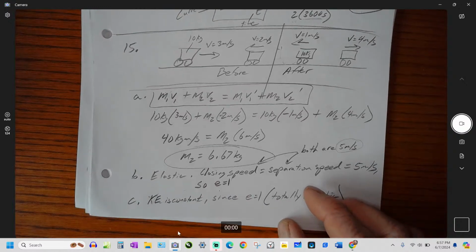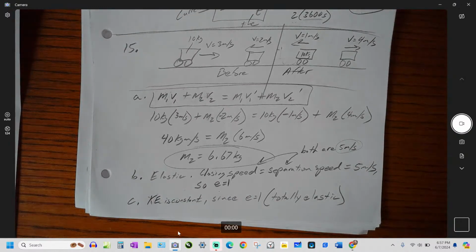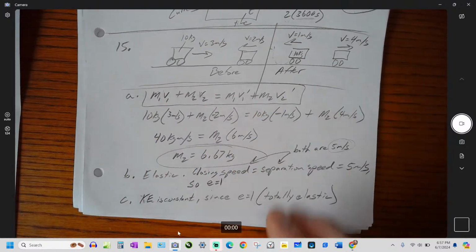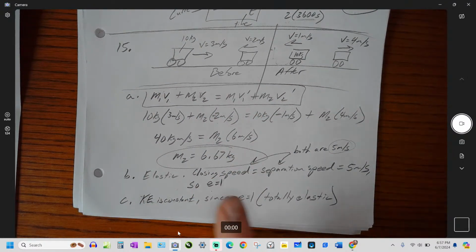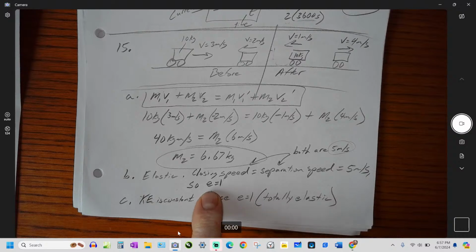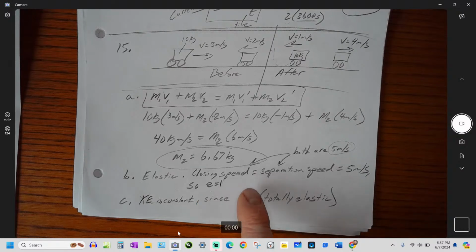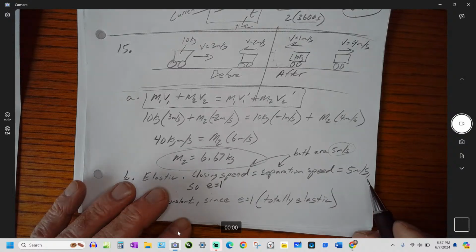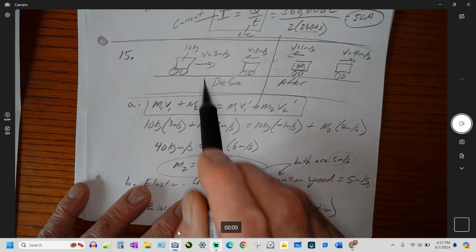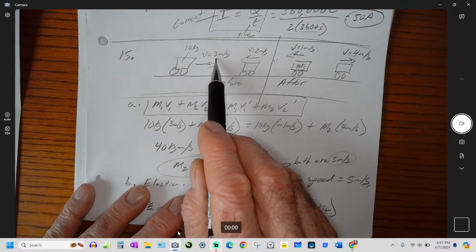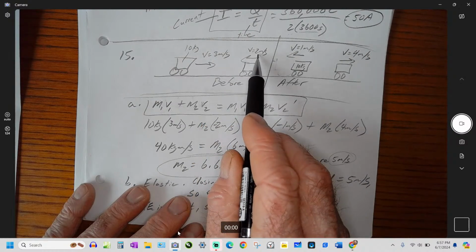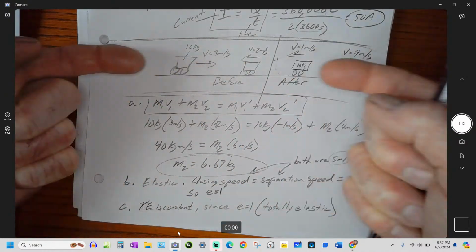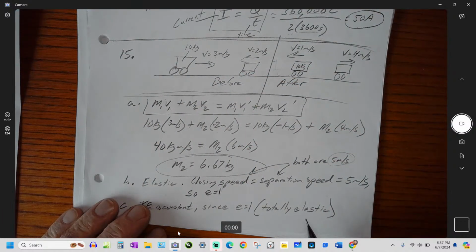And then there's a question about whether this is elastic or inelastic and what happens to the total amount of kinetic energy. So a good thing to do is to think about the coefficient of restitution, which is the separation speed over the closing speed. You compare the two. So this is moving to the right at 3 meters per second, and this is going to the left at 2 meters per second. So they're closing on one another at 5 meters per second.